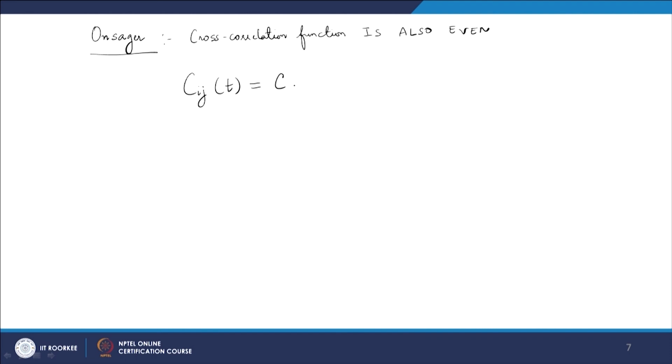It is difficult to derive it for a cross correlation function by the same means that we just did, but there is a scientist named Onsager who showed that the cross correlation function is also even, that is Cij of t is also equal to Cij of minus t.